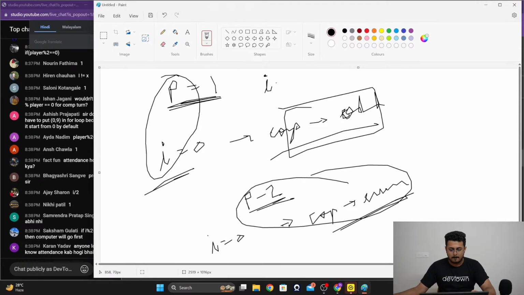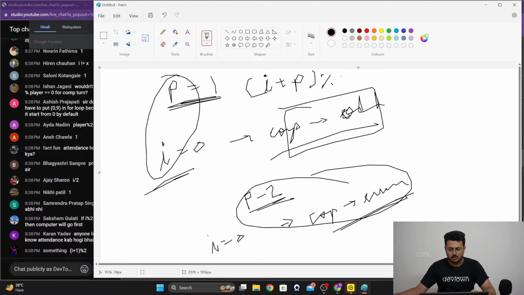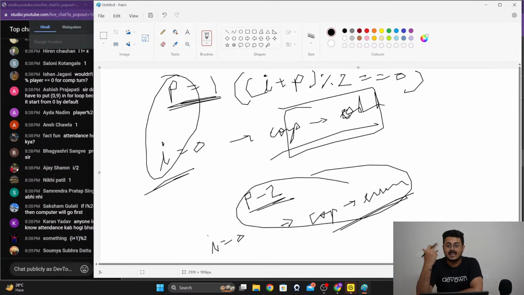I plus P percentage 2 is equals to 0, then it will always be at even. That is always be the computer's turn. I plus P percentage 2 is equals to 0. Only if this particular condition is met, then it is computer's turn.